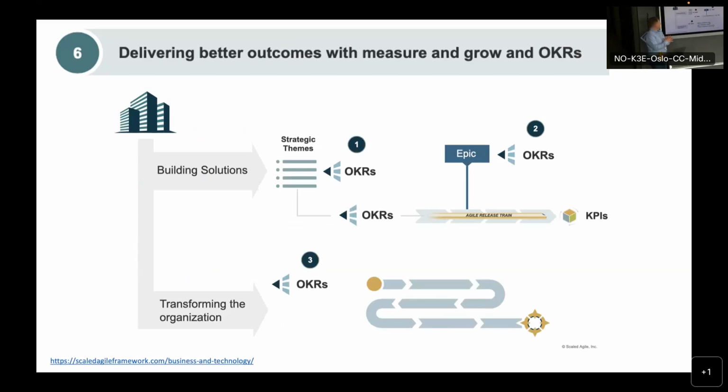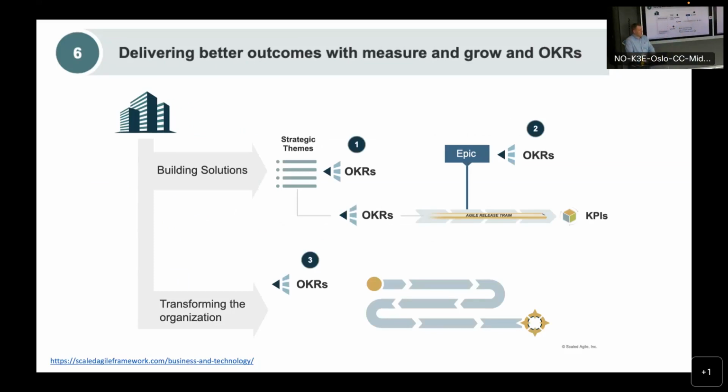The last one is on the measurement and the outcomes. I talked about this at the last meetup as well, where we see that they're not just using OKRs as a format for strategic themes, but actually as a format for specifying the results of an epic as objectives and measurements for the value stream, the development value stream, and also for your transformation.